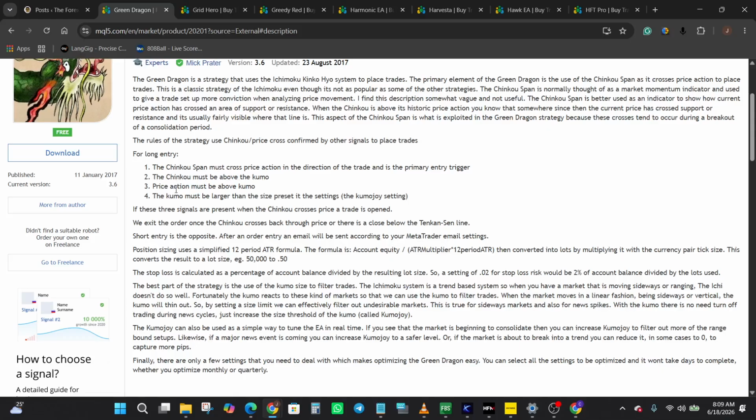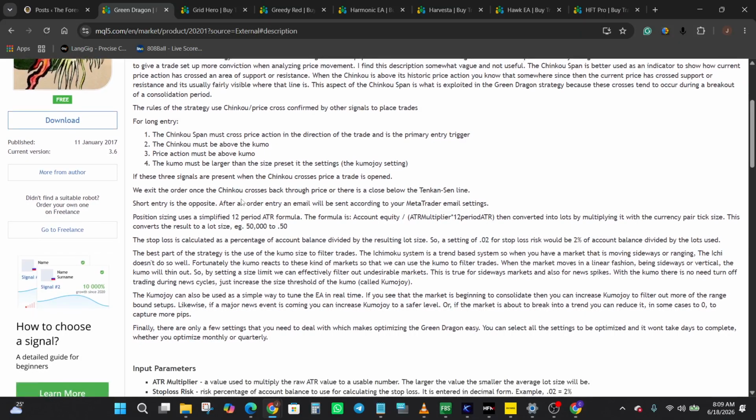Price itself must also be above the Kumo, and the cloud must exceed a predefined size threshold known as Kumo joy. So when these conditions align, the EA can open a position. For exits, the description states that trades are closed when the Chinkou Span crosses back through price action or when there is a close below the Tenkan Sen line. Short trades follow the opposite logic.